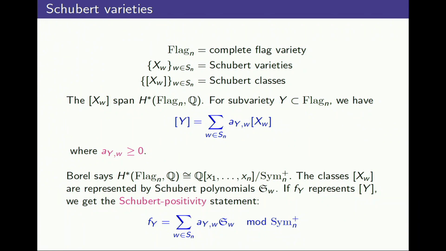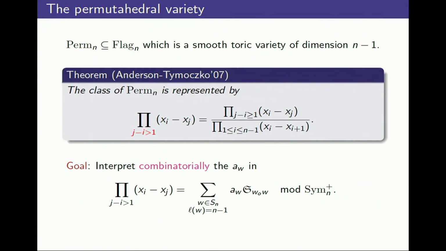If you have the polynomial that represents the class of your favorite subvariety, then you can ask for the Schubert expansion, and these same coefficients are going to show up here. And now you're in polynomial world, and maybe you're more comfortable in this setting. And this is the setting I'll work in. Okay, so now you have a steady stream of Schubert positivity questions, and I'm going to pick the permutahedral variety because it turns out this was hard enough for us already.